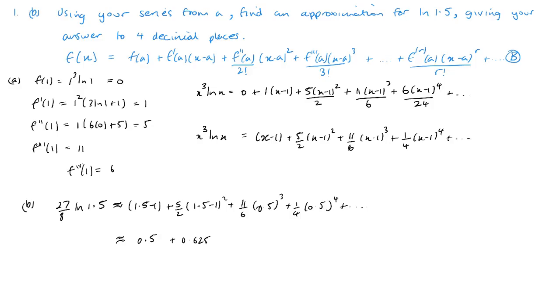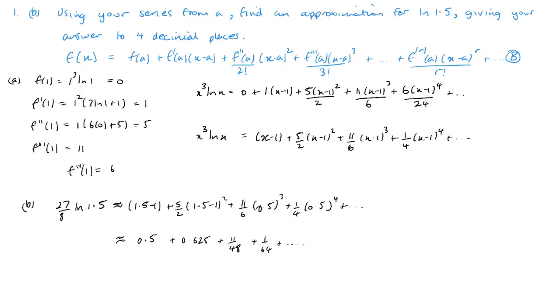Then I've got 0.5 cubed, which is an eighth, times 11 over 6, which is 11 over 48, which I'll keep as a fraction because the decimals are quite big there. So 0.5 to the power 4 is a 16th, times by a quarter is 1 over 64.